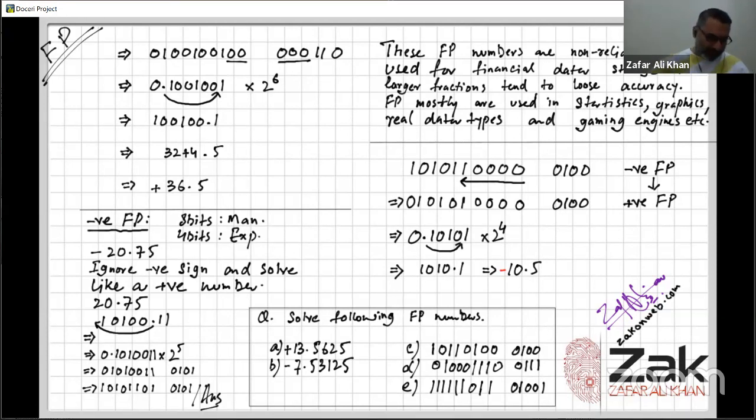There is a question by Omar Farooq: exponent in positive and negative difference. Yes, we will discuss it later, Umar. All the variants: what if a positive mantissa and negative exponent, a positive mantissa and positive exponent, a negative mantissa and positive exponent, and a negative mantissa and negative exponent.